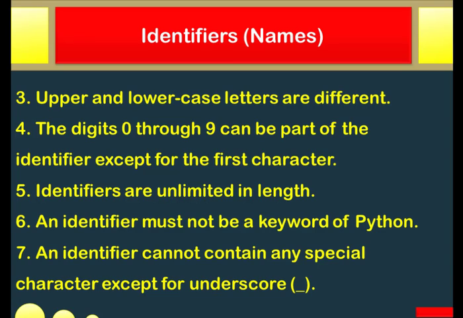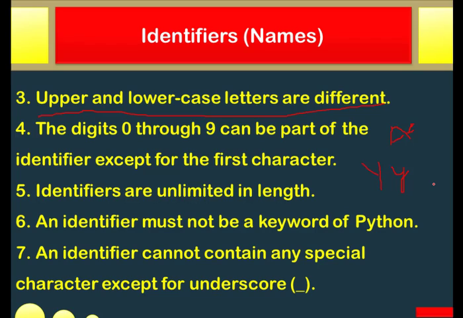So here you have to try to understand uppercase and lowercase letters are different. That I have already told you. For Python, capital A and small a are different. Let's say capital Y and small y, they're different.